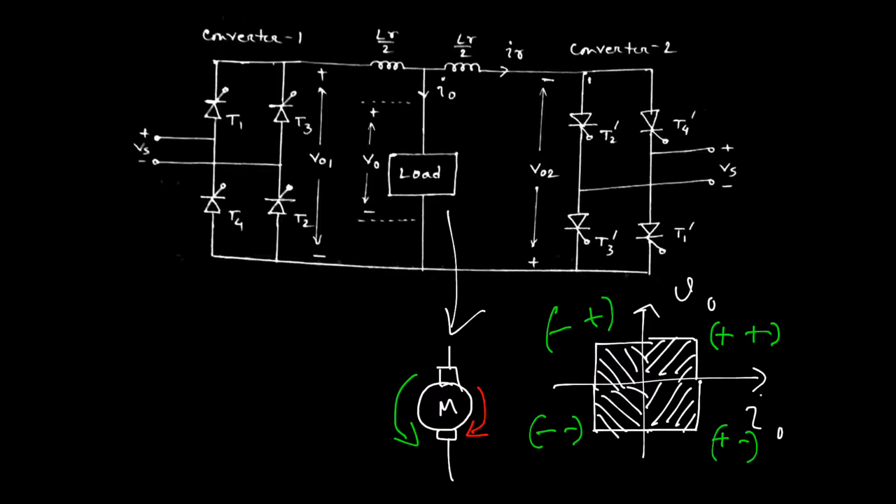That is why the load current may be 0, but a circulating current starts flowing between the two converters, and this circulating current can be limited by this reactor defined by LR. Both parts are adjusted in a similar way. Suppose that is LR by 2 for converter 1 and LR by 2 for converter 2.